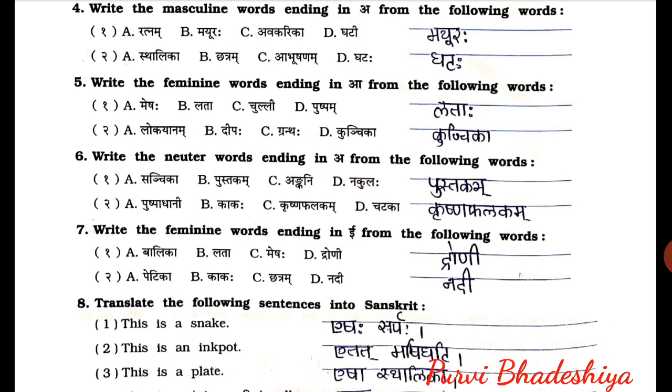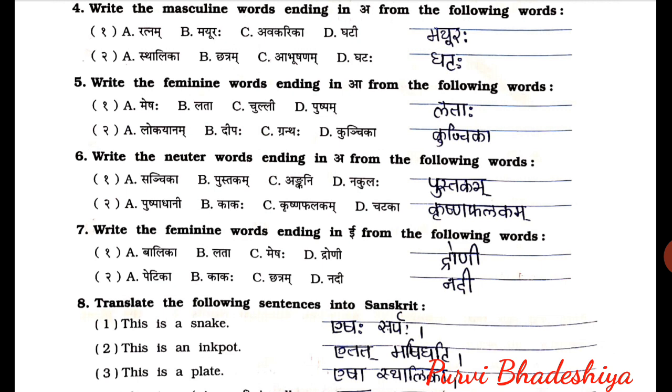Fifth exercise, write the feminine words ending in A from the following words. First one, in that Lata. You can see the ending sound is A. Second one, Kunchika. So the ending sound is A. And Kunchika means keys. So it is also feminine gender. Now sixth number exercise.